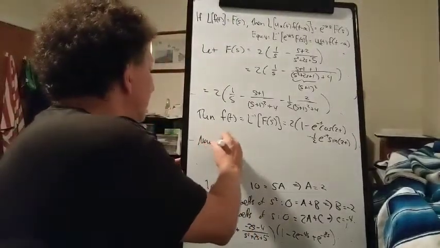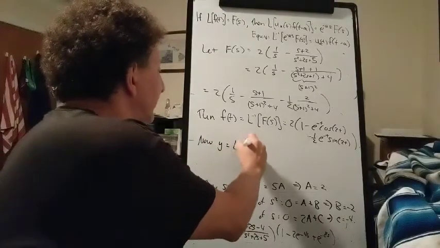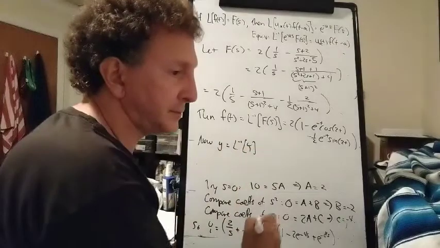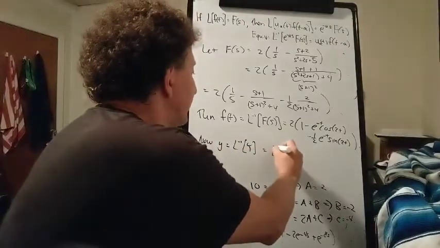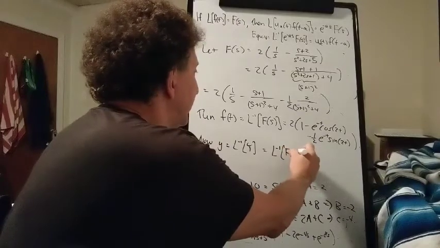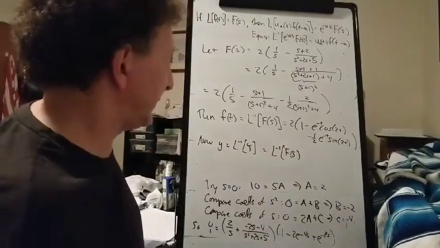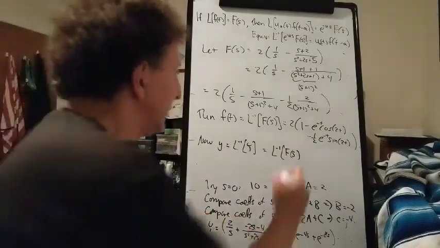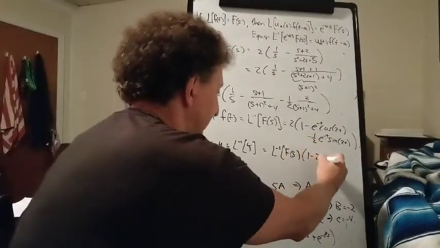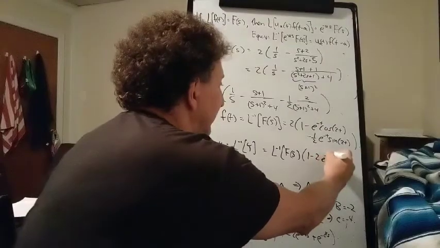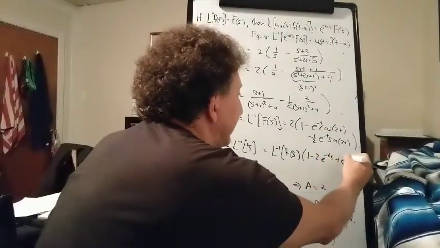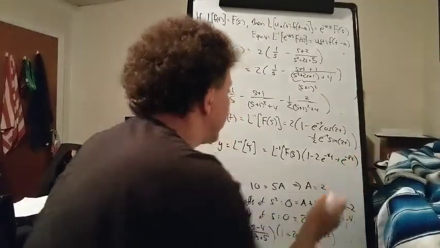Now, little y equals the inverse Laplace transform of capital Y, which is the inverse Laplace transform of f of s times this linear combination of exponentials, 1 minus 2e to the negative 4s plus e to the negative 8s.